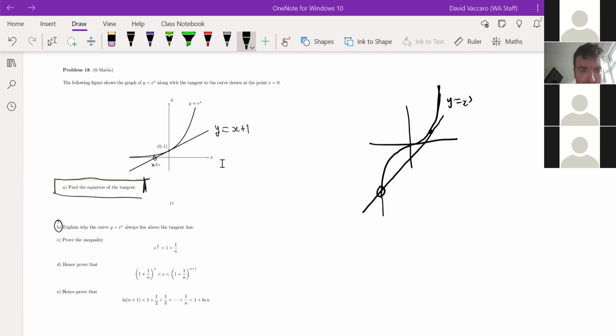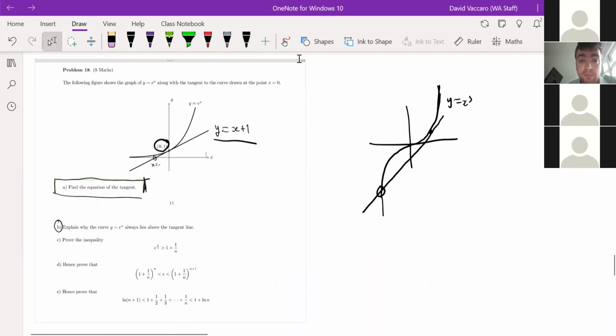Think cycling. Okay, so let's start at this point, 0, 1. Describe the experience of cycling along the up the hill y equals x plus 1. So cycling along the line y equals x plus 1 is just going up a constant gradient of 1.